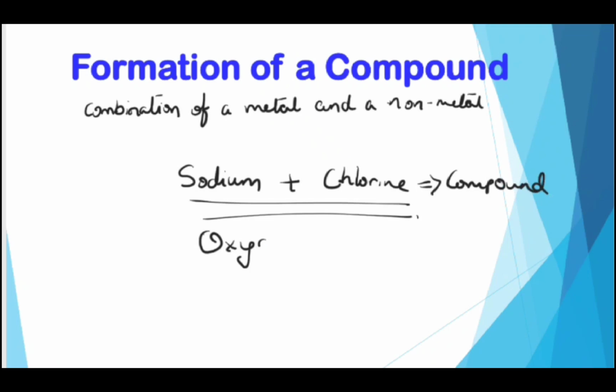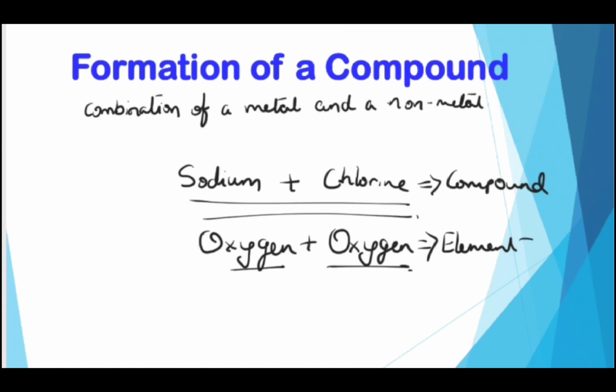But if I have oxygen combining with another oxygen atom, then it remains as an element only, because the atoms are the same. But here, since the atoms are different, it will form a compound. Sodium is a metal, chlorine is a non-metal.